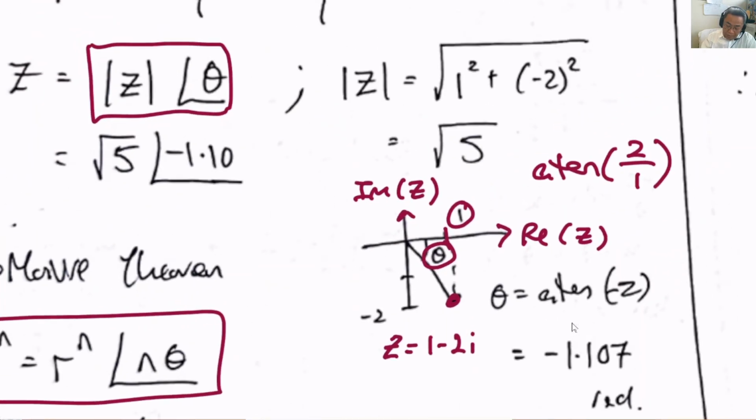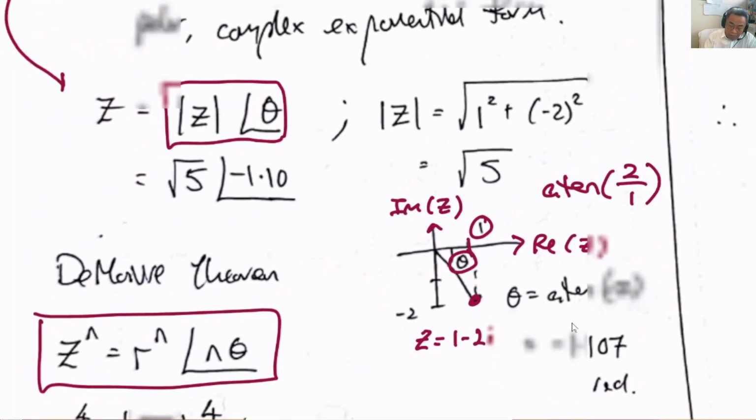That's it. So we can now have the magnitude through the Pythagoras theorem, which is 1 square plus 2 square, square root, and we have also the theta.